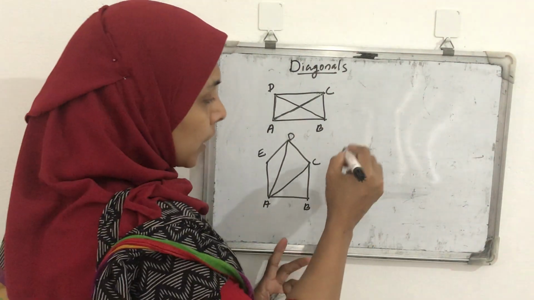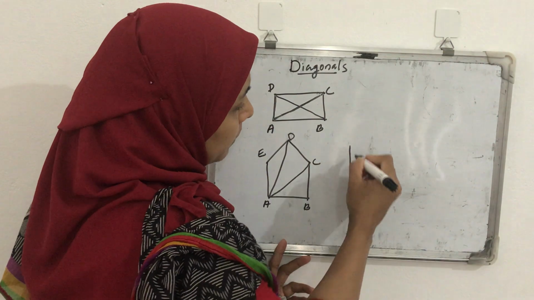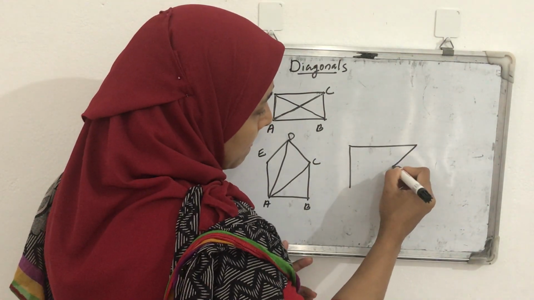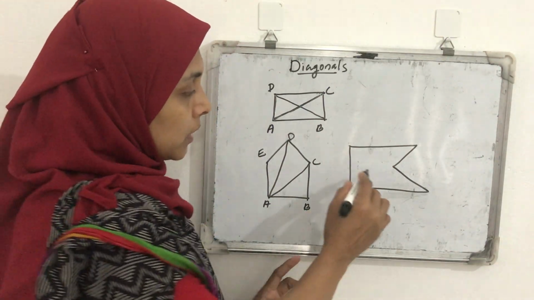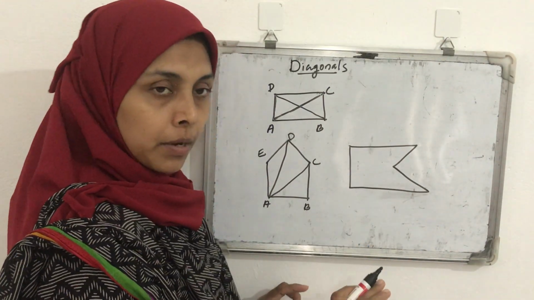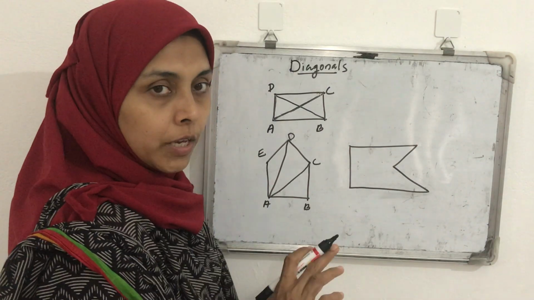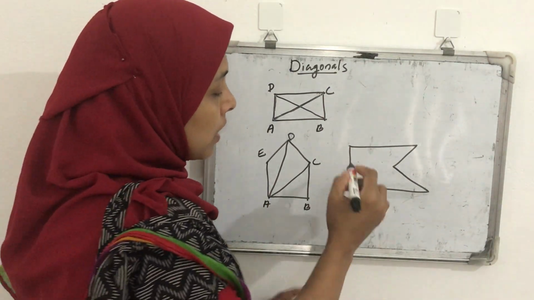Now, suppose another polygon, I draw this type. This is also one polygon, isn't it? This is made up of only line segments, and it is also a closed figure. So, this is also another polygon.